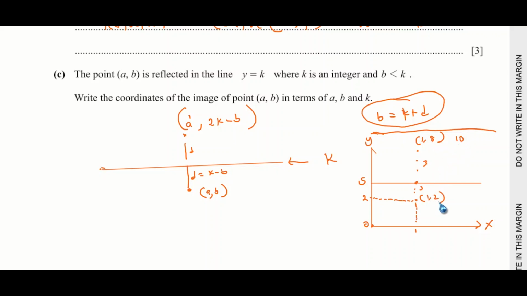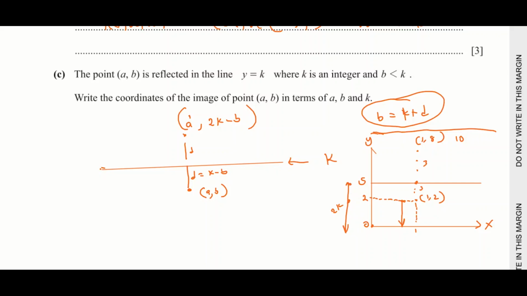So we need to subtract the value of b from it, because b is the y-axis, and that will reduce this 2k. Because 2k is 2 times 5, 10, but it's too much. So we need to remove this distance from here to here. 2k will give you from here to here, but what we need is from here to here.